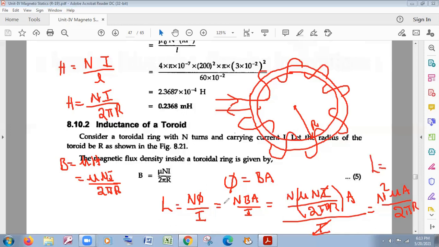L is equal to N square mu A by 2 pi R, where A is the cross section of the toroid ring, that is pi r square.